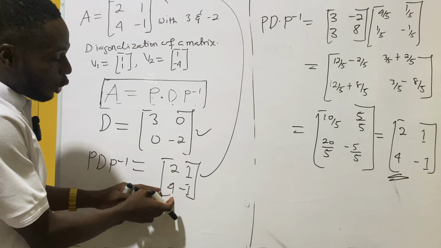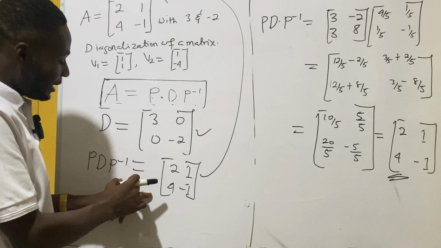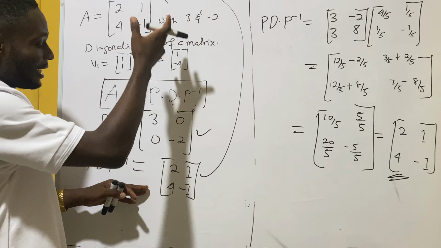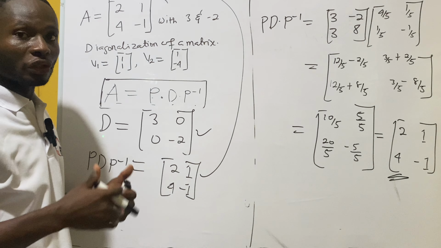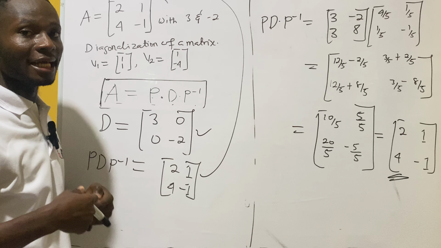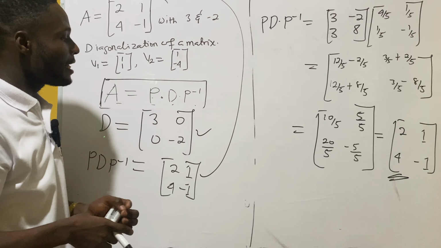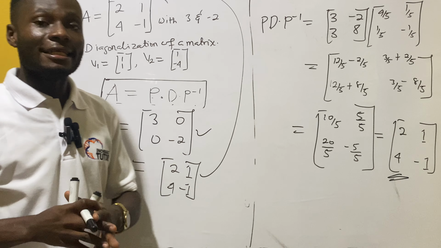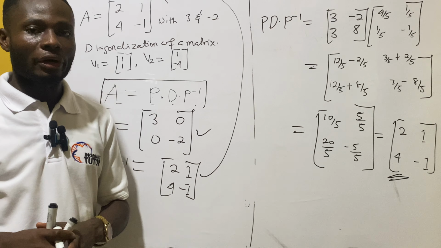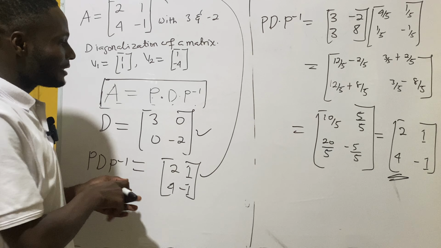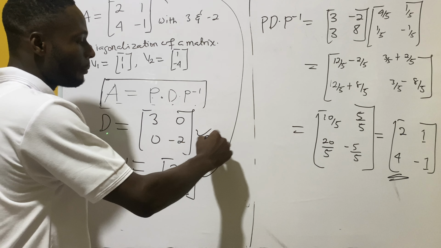So once you obtain PDP inverse as A, the same as the matrix given, then you can say that D is indeed a diagonal matrix.